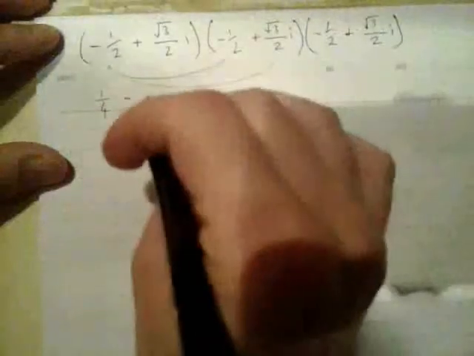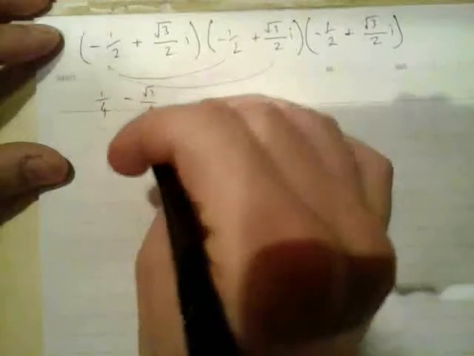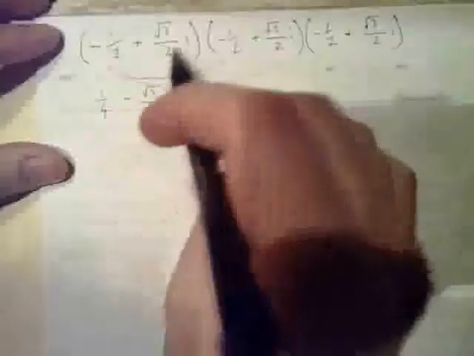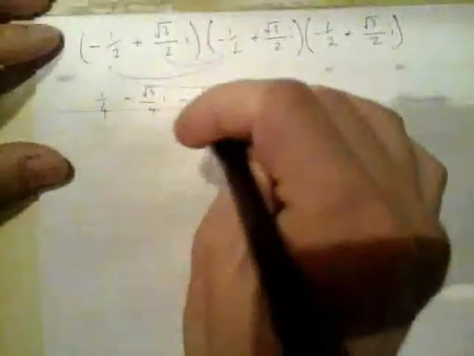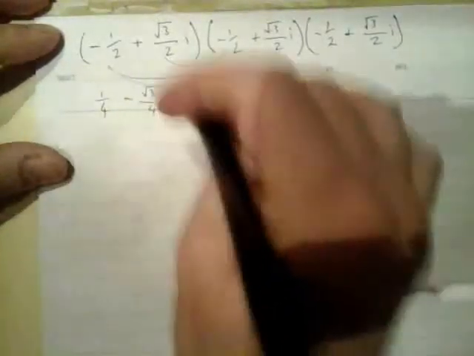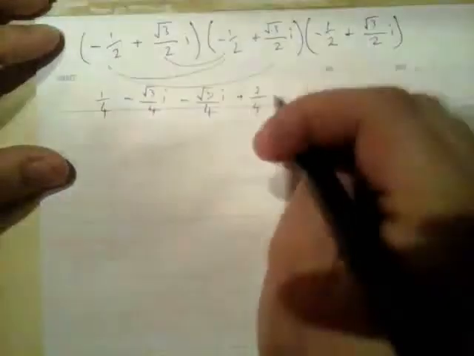That's going to be minus root 3 over 4i. Then inside, that's going to be the same, minus root 3 over 4i. Then the root 3 over 2i times root 3 over 2i gives i squared.